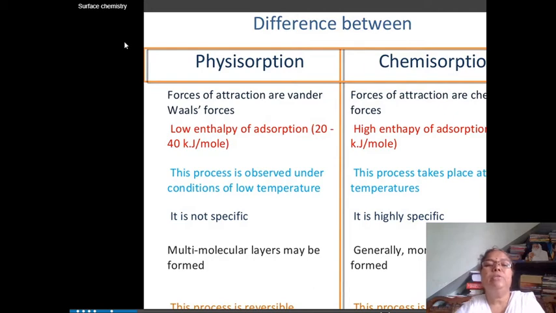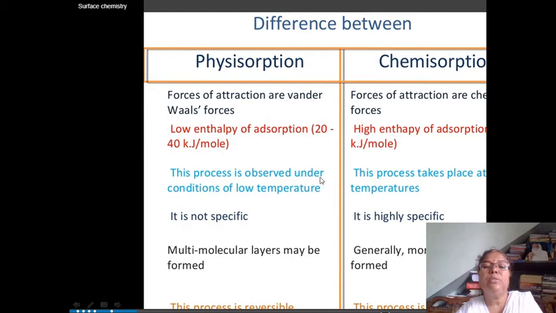And in case of physisorption the enthalpy of adsorption is very low, it is in between 20 to 40 kilojoule per mole. In case of chemisorption, there is a high enthalpy of adsorption and it is above 80 to 100 kilojoule per mole.